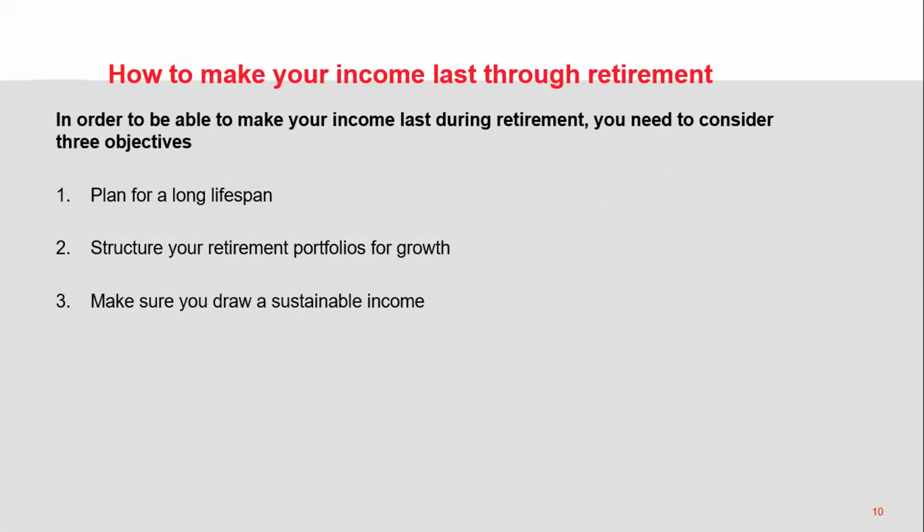So it's different from a life annuity, where your income is guaranteed over a period. So three things to think about. The one is to plan for a long lifespan. The second is to structure your retirement portfolios for growth. And the third is to make sure you draw a sustainable income. I'm going to touch on each of these in the next couple of slides.